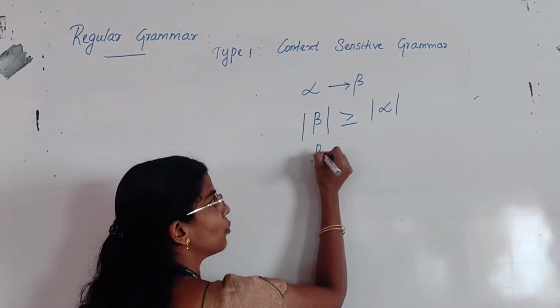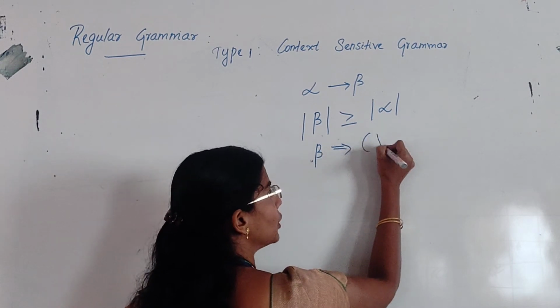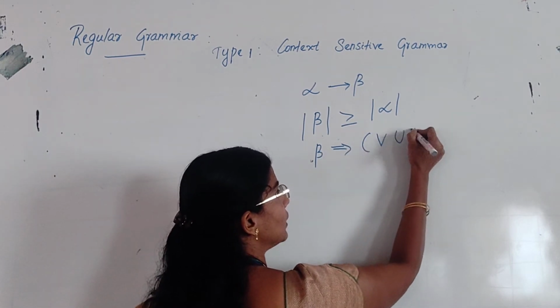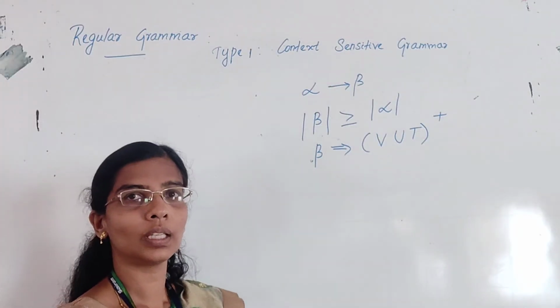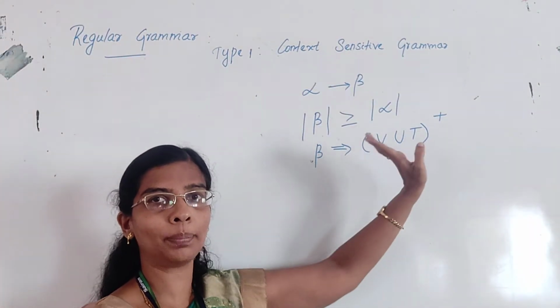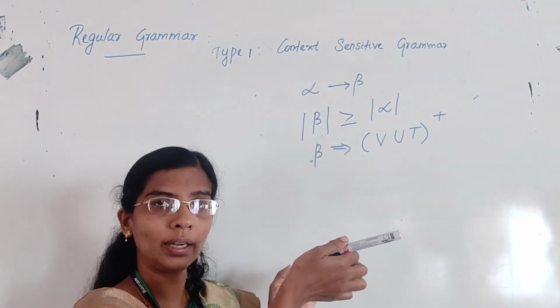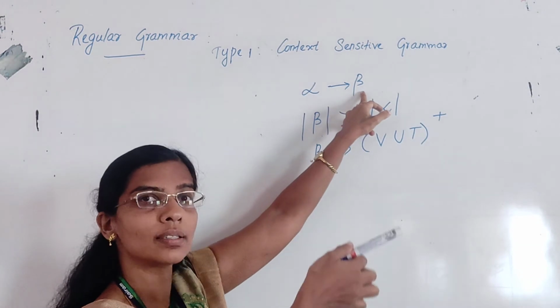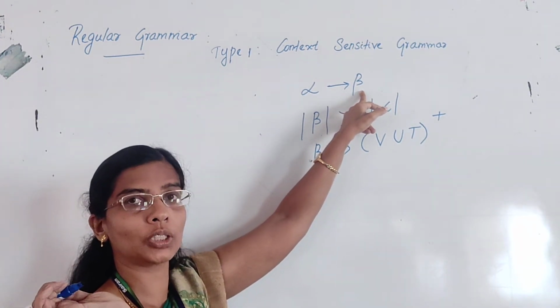Moreover, how should I form my beta? Beta should be a combination of variables and terminals, whole plus. You can understand that when I write plus, epsilon is not possible. Beta comes on the right hand side, so on the right hand side I cannot have any epsilon production.